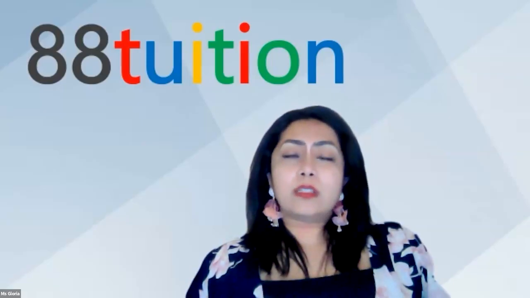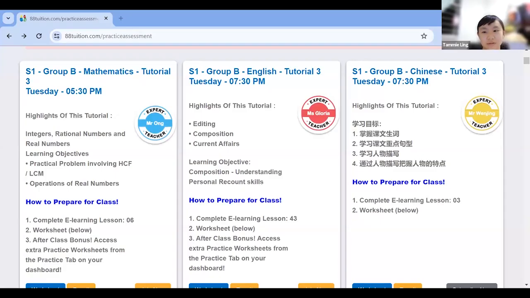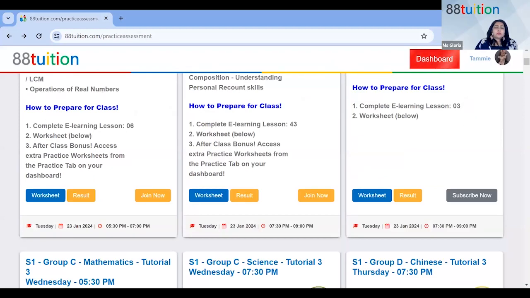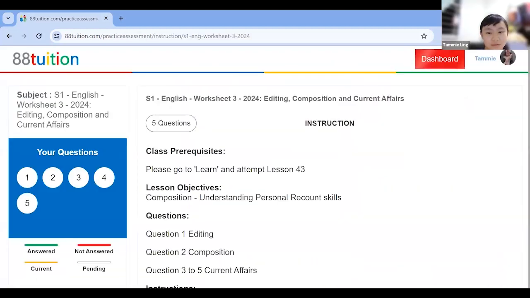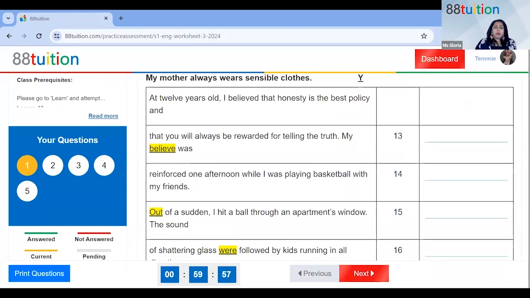Maybe I can see that. Should I share my screen? Yes, please share your screen. Okay. Wait a sec. So it's here. Worksheet. Show me. Worksheet. It's the same thing. Oh, sorry.